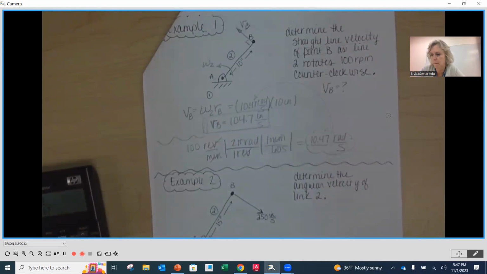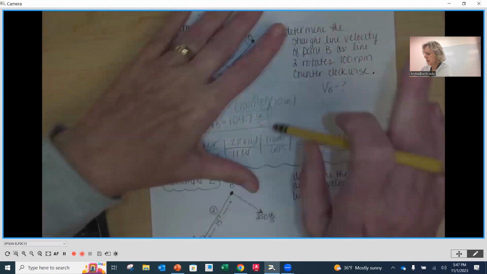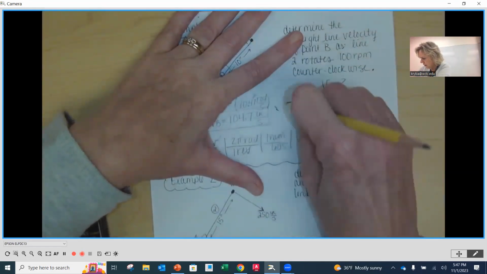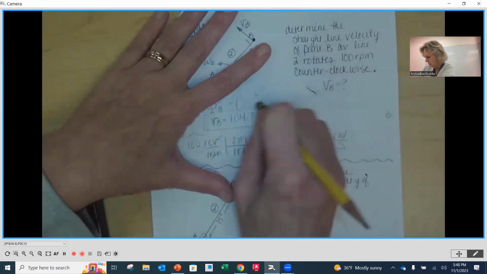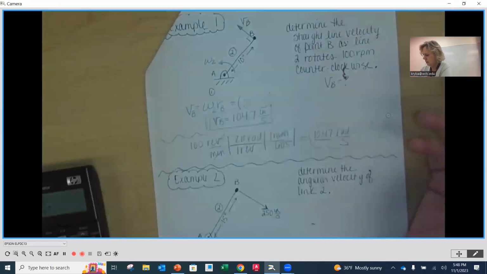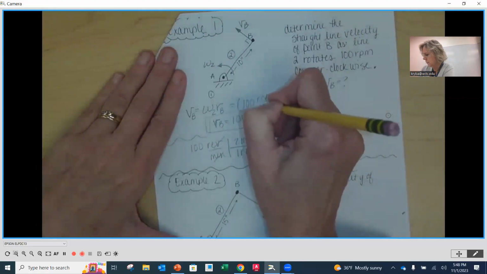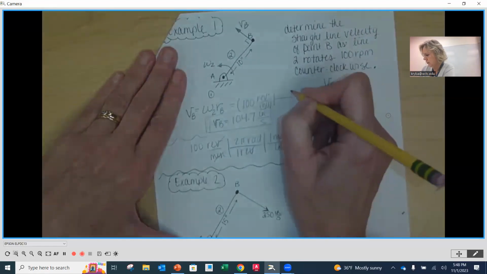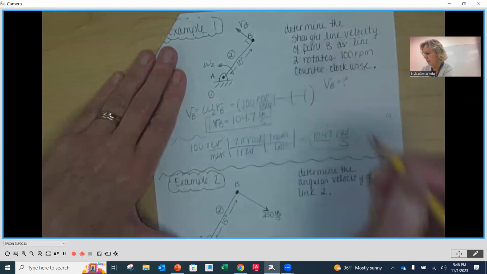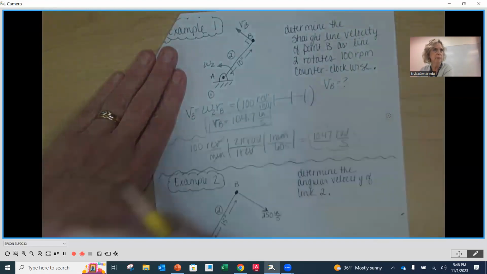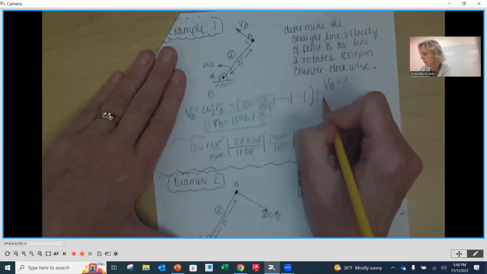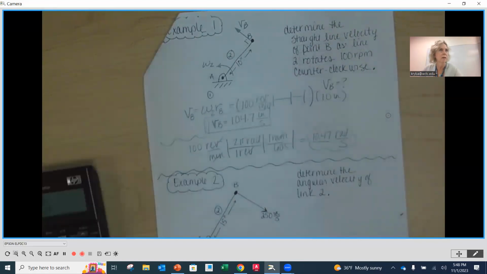You find the conversion in the same? Yes, I don't mind that at all. So what you're asking is, instead of having my 10 here, you would have had 100 revolutions per minute, and then you would have done your conversions, and had this in parentheses, and then it would have been in radians per second, and then multiplied by your 10 inches out here, right?